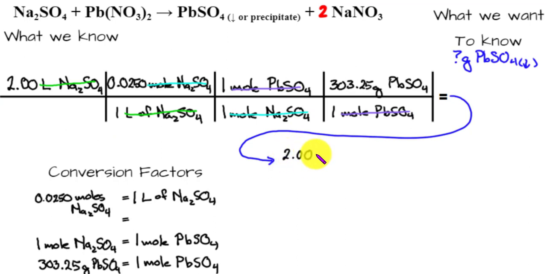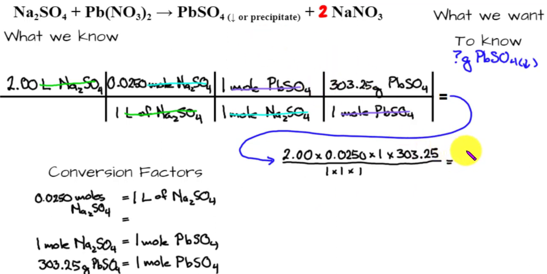It's going to be 2.00 times 0.0250 times 1 times 303.25 grams. Whoops, I don't even need units here. Divided by the quantity 1 times 1 times 1.